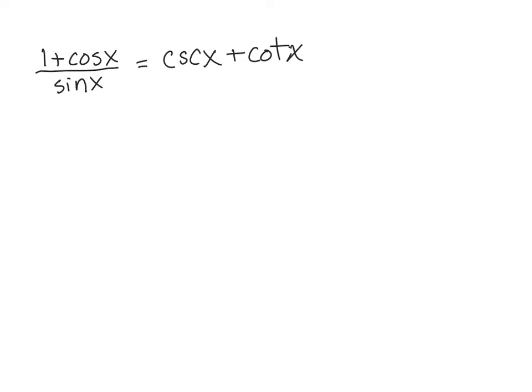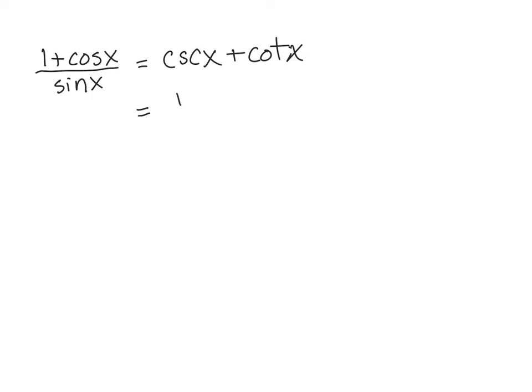All right, this one is a little bit different. It's a little more complicated. There's not much I can do to the left-hand side. It seems pretty simple. On the right-hand side, I can change everything to sines and cosines, and then get common denominators. So I'm just going to see what happens. I may have to back up and do the other side and just be fearless and creative, right?